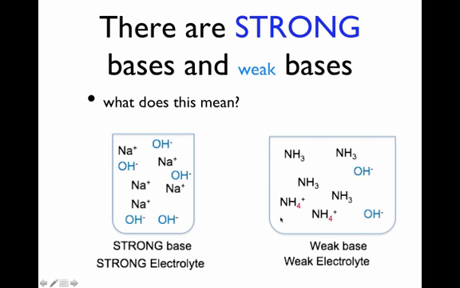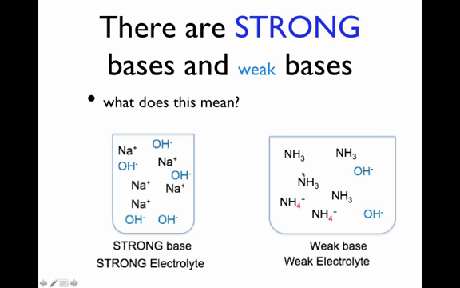In comparison, ammonia is a weak base, relatively speaking, compared to sodium hydroxide. So if you put identical amounts of sodium hydroxide into this container with water and identical amounts of ammonia into this container with water, less of the ammonia molecules will actually accept an H plus from the water.